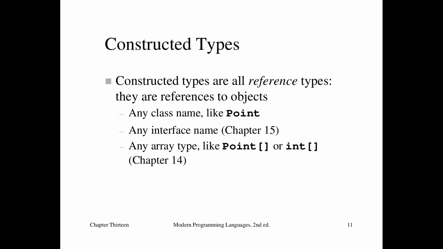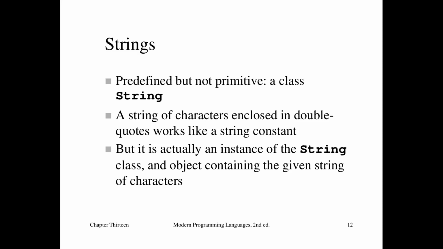References to objects in memory. So any class name like point, any interface name, which we'll talk about in Java Part 2, and then any array type, right? You can have an array of primitives, as it shows here, like the int followed by the square brackets is actually an object of type array, or a reference type of type array.